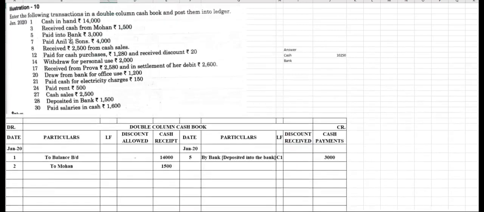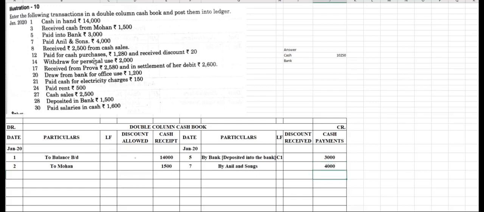Paid Anil and Sons on 7th. Obviously, it is a cash transaction because they have not said anything about check or bank. By Anil and Sons. Amount is reducing, that is 4,000, cash is reducing.